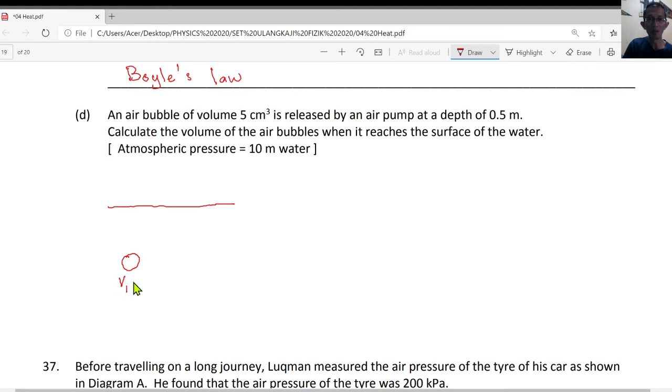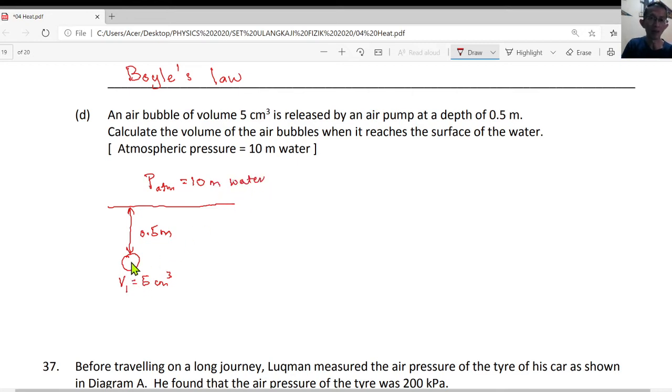The volume at that point, V1, is 5 cubic centimeter, and the depth is 0.5 meter. We are also given that the atmospheric pressure is 10 meter of water.